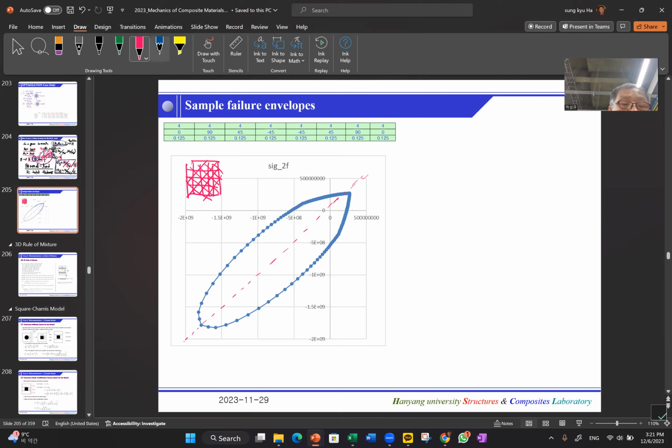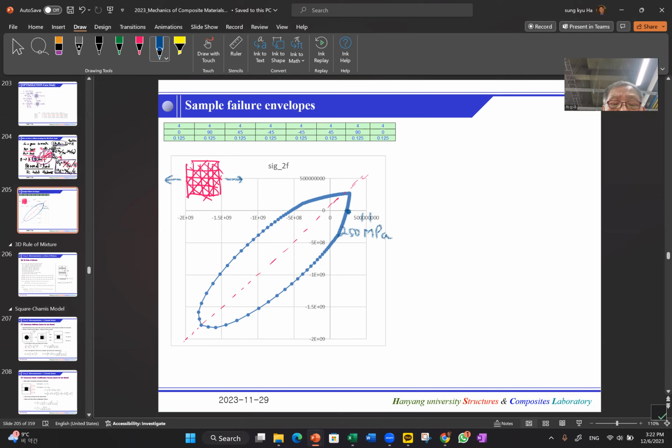So this one, what does this point mean? It means that we have only x-axis load. The strength will be, what is that? 500. So about 250 megapascal. Okay, that is the strength.